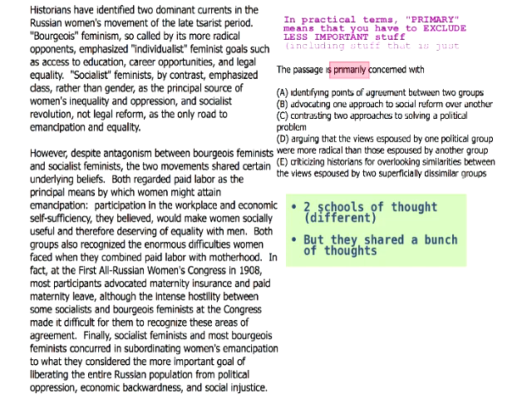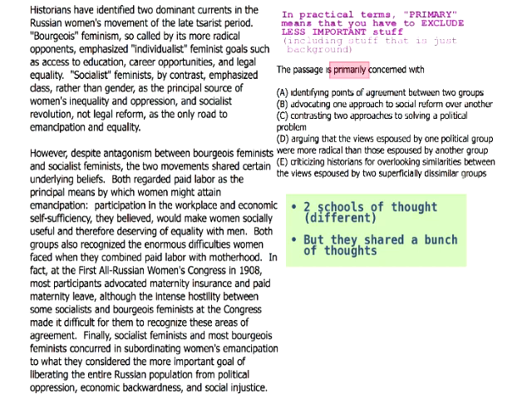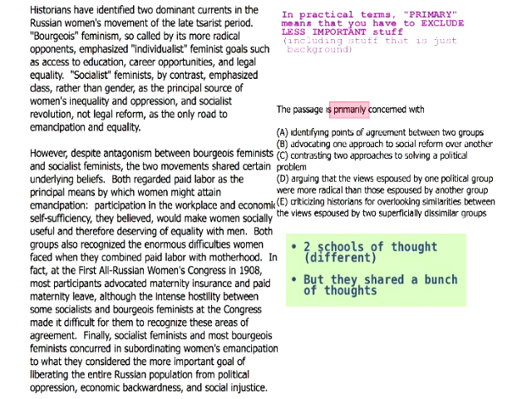Okay, and there's some human understanding that goes into this, but there's ways to figure out what is primary. Number one, common sense.